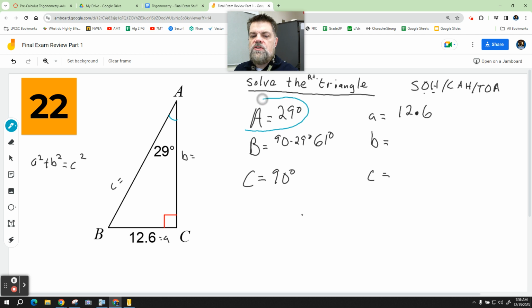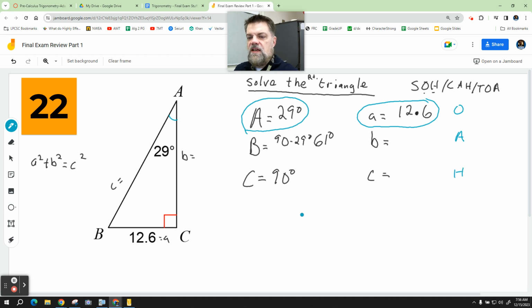I suppose you could use C, but it's 90 degrees. That's not really helpful when it comes to these trig problems. And they gave us A. Now, what is A relative to capital A? Well, that's the opposite, right? And B would be what we call the adjacent. And C would be the hypotenuse always.